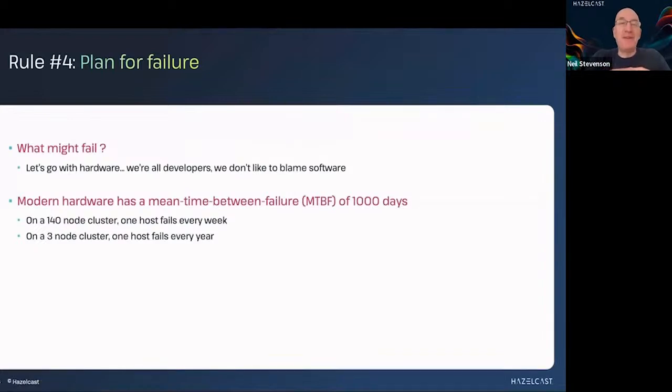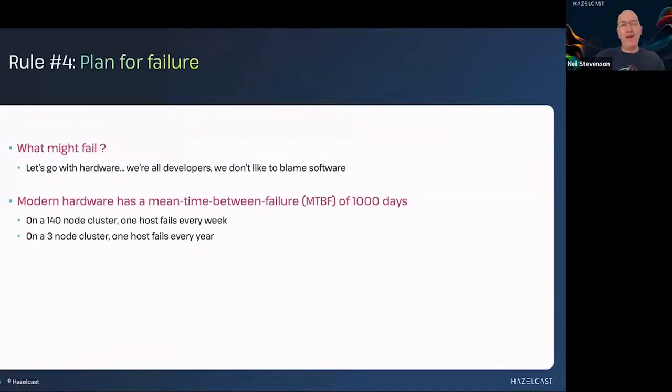So yeah, hardware. There's a thing I read, a mean time between failure of 1,000 days is typical for a reasonable spec machine. So if you've got 140 Hazelcast instances, that's going to mean one machine failing every week, if I've done those numbers correctly.